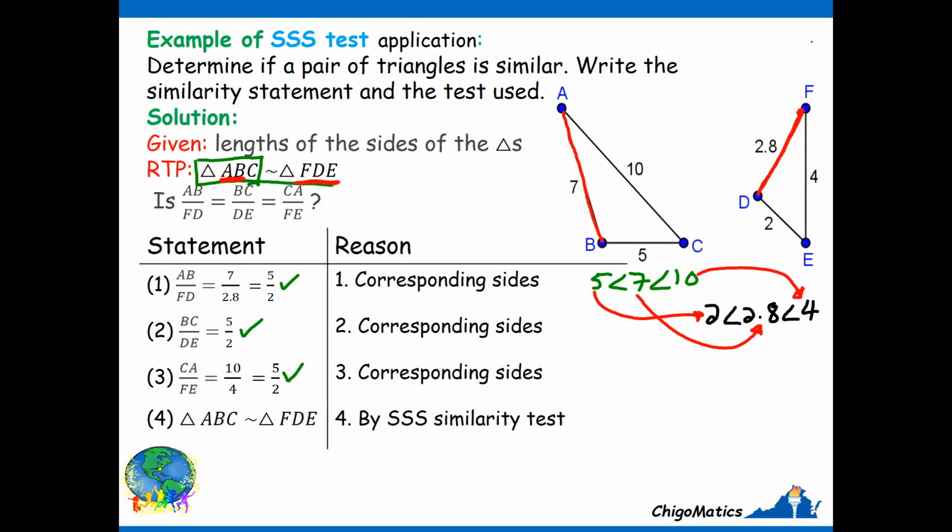All three of them gave us the same ratio. That means the scale factor is 5 over 2, right? So from there, I can safely conclude that these two triangles are similar by the side-side-side similarity test.